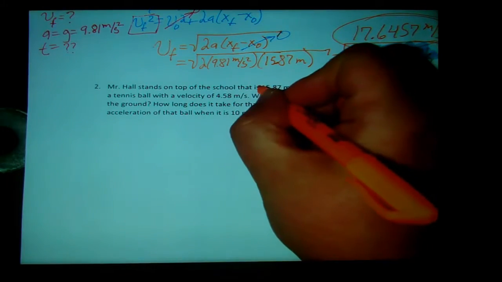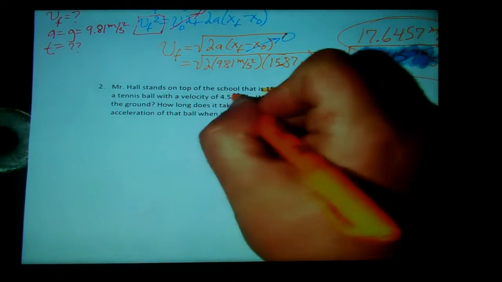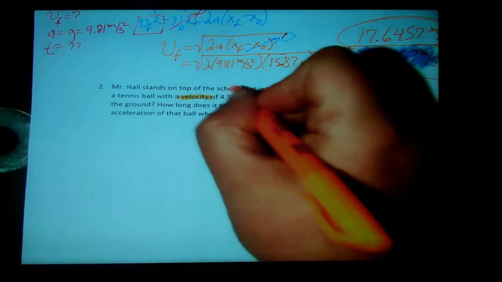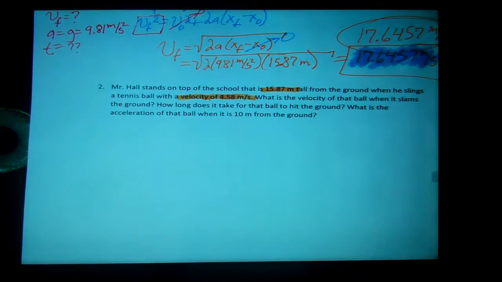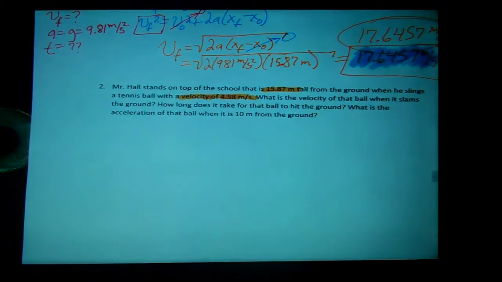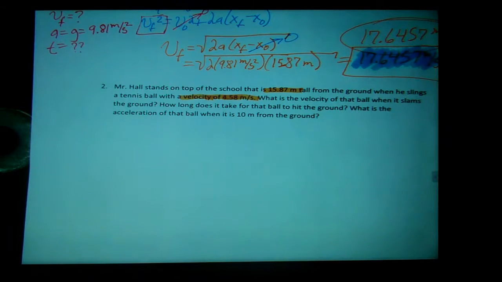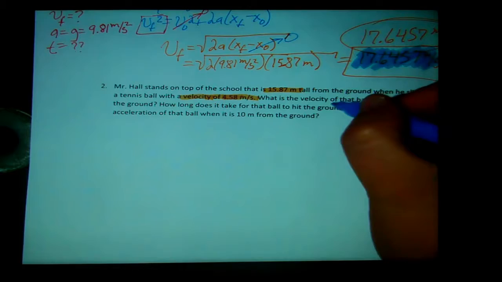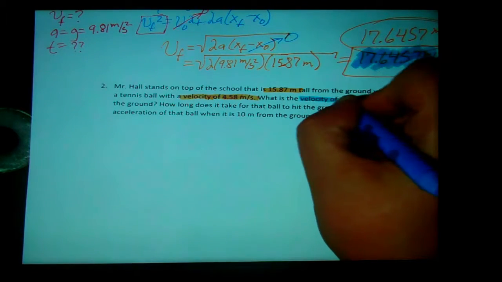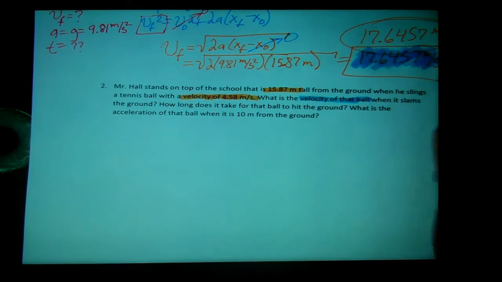I have that change. I have the velocity here. So what is the velocity of the ball when it slams the ground?